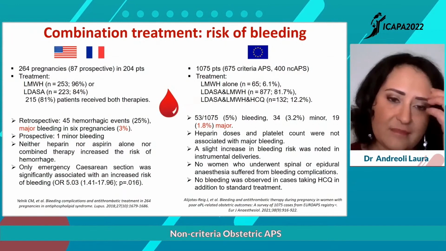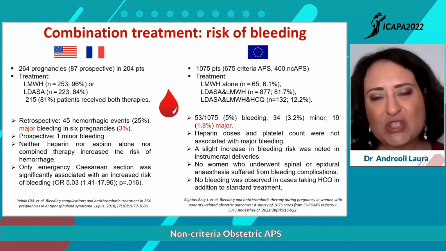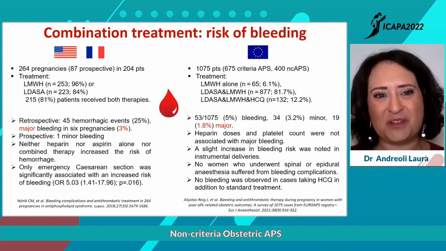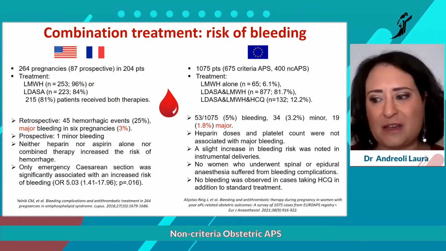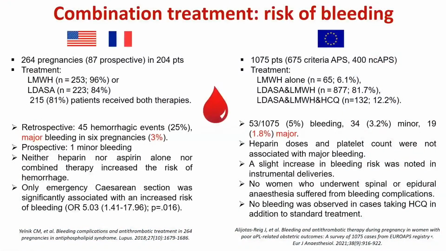But then why are we not so keen on treating non-criteria APS? Because we think we treat too much. Maybe we treat these patients too much and we will have bleeding complications, so we will turn out wrong in the end.